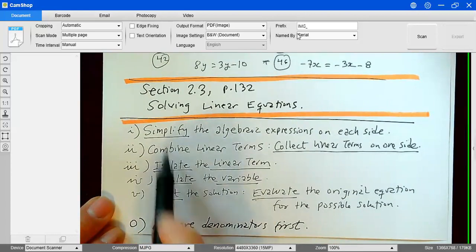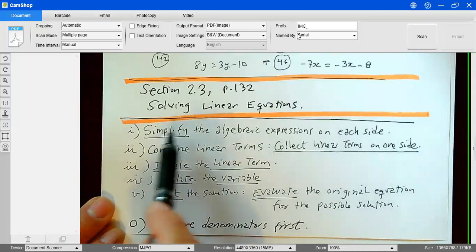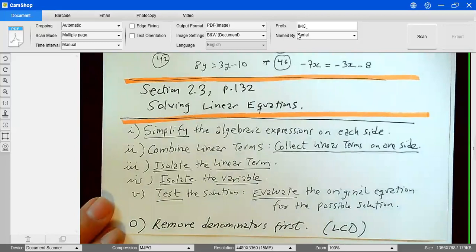It's not given here, because most of the time we don't have fractions, but when you have fractions, everything should be done after removing all the denominators. Sometimes you can use the least common denominator or just remove one denominator at a time.